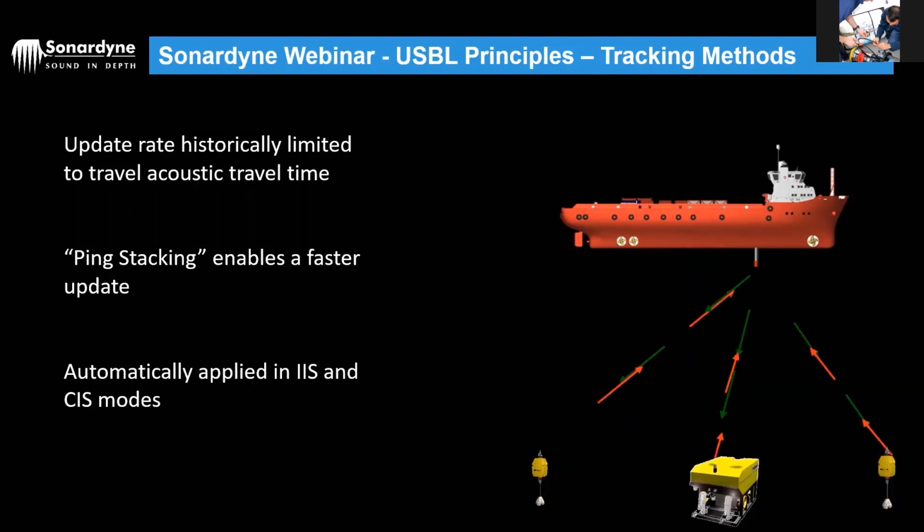It's automatically applied in both IIS and CIS modes in order to give you as close to what it physically can the update rate that you want. Now that could be in a full range of 2 system as fast as 1 second, regardless of the range. It could be 8,000 meters away, and you can still maintain a 1 second update rate, give or take a little bit. All right, there could maybe be some overlap there, maybe adjust it slightly, but it will get to it as close as it possibly can.